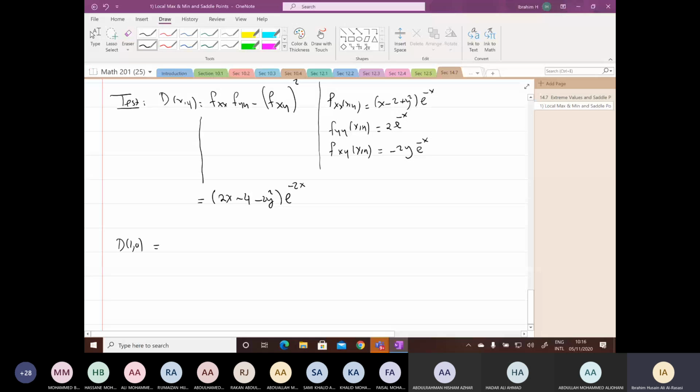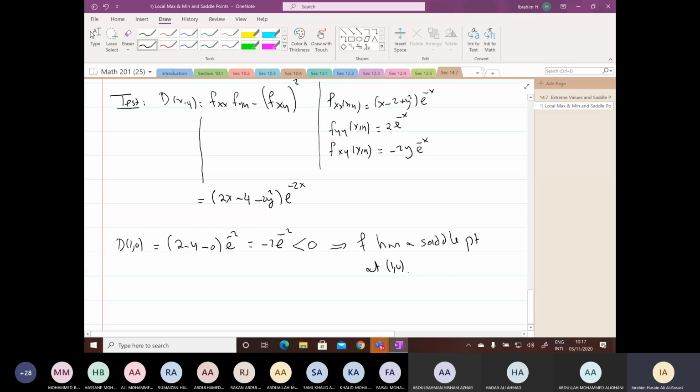It will be (2 minus 4 minus 0) e to the minus 2, which is minus 2e to the minus 2, and this is negative. So the conclusion: f has a saddle point at (1, 0).